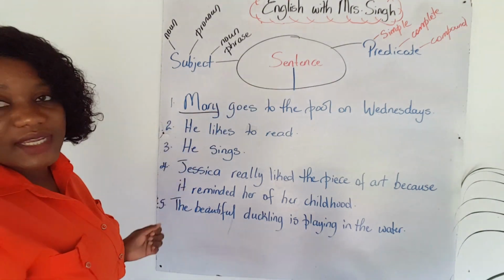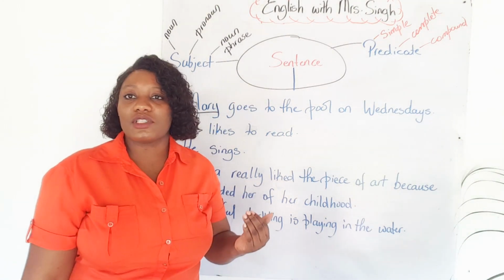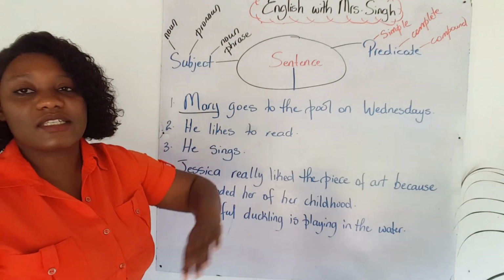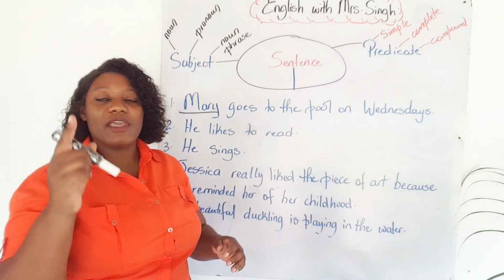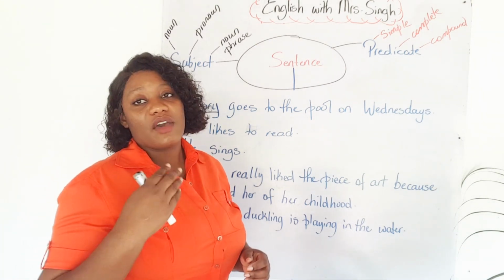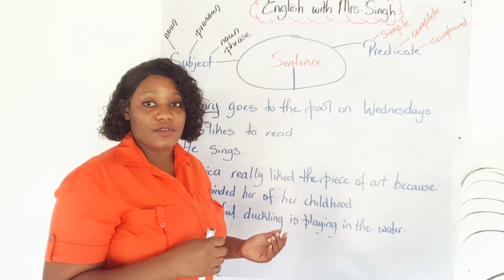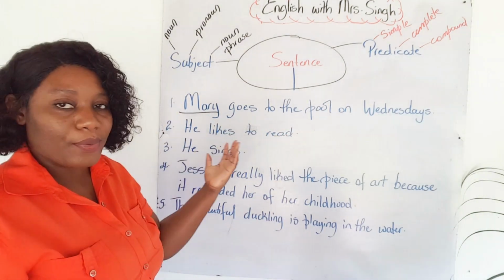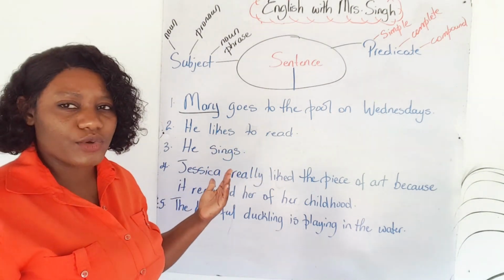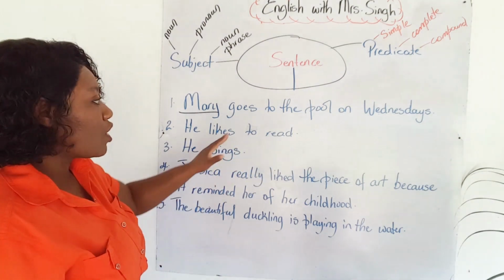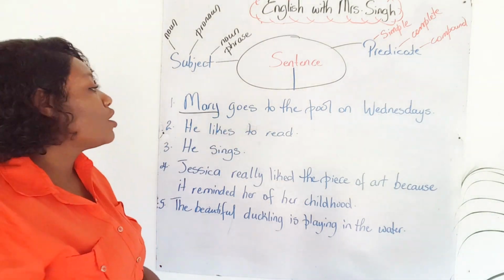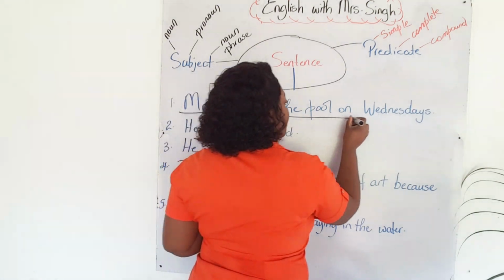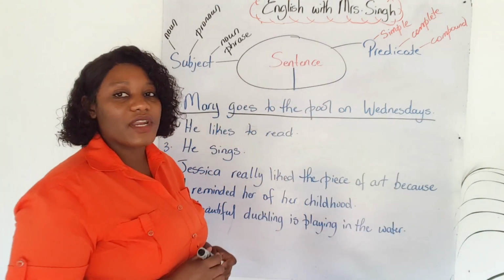Now, what's our predicate? Remember that our predicate must begin with a verb. So in this sentence here, what's our verb? Now, remember, we have two different types of verbs. We have action verbs and we have auxiliary verbs. What part of the sentence is showing some sort of action? Goes, right? So goes is our verb. So all of this part here is our predicate.